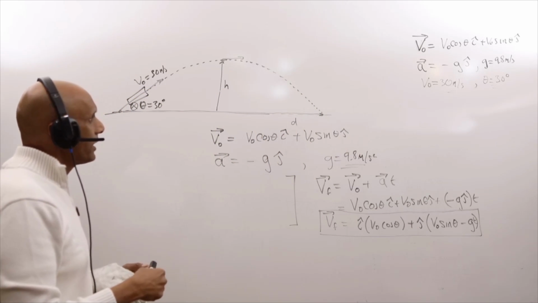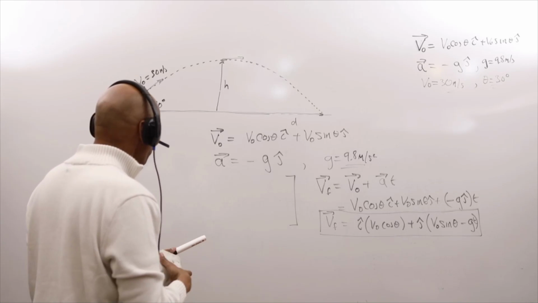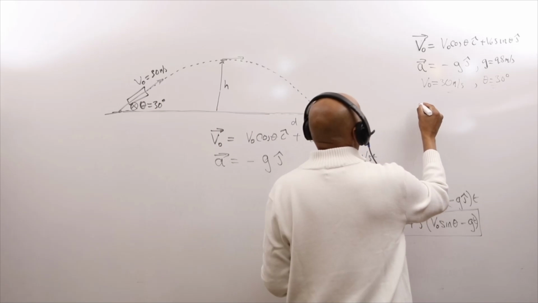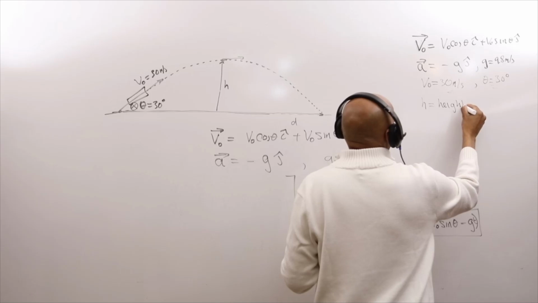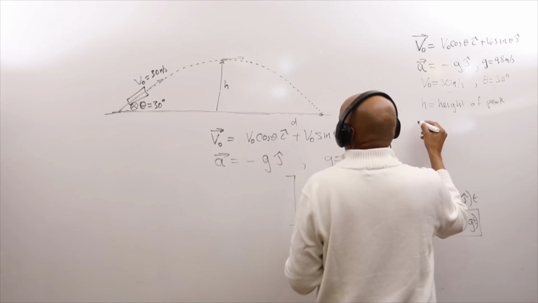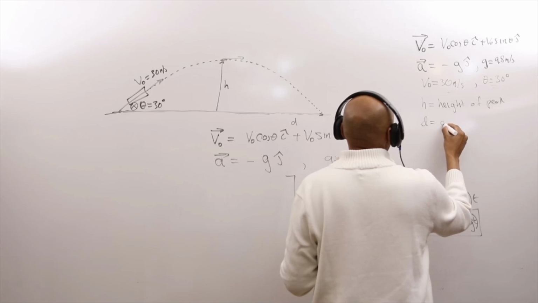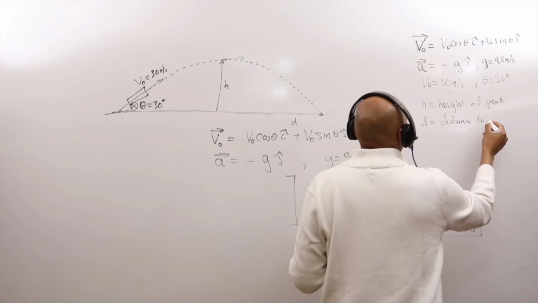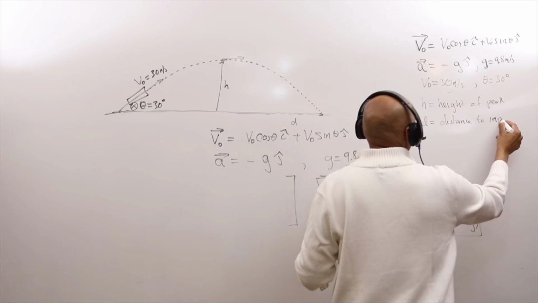So here's our standard V0, acceleration, V0, and theta. So I think I've gotten everything. Oh, and of course, h is the height. I'll just call it peak. And what else? D is the actual distance to impact. Let's say impact.